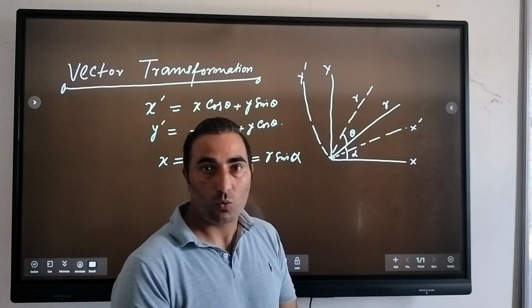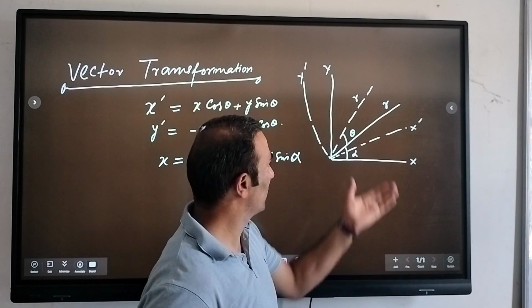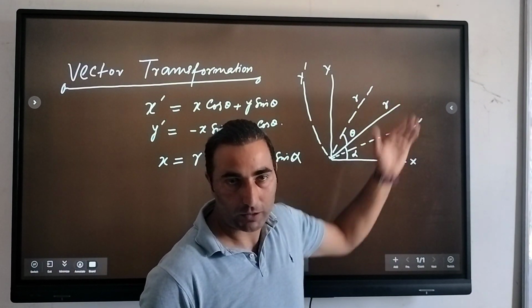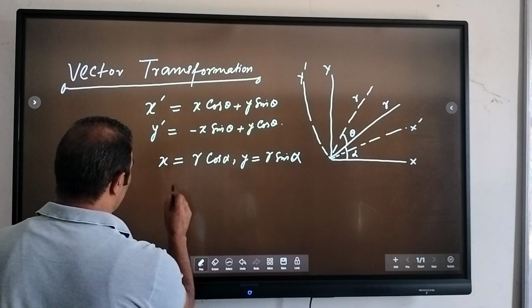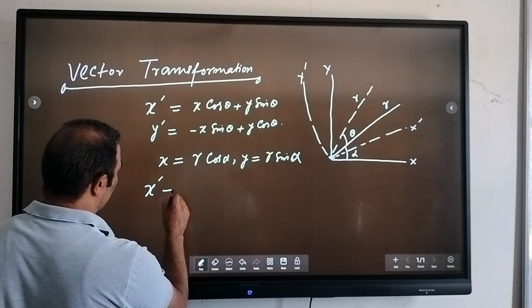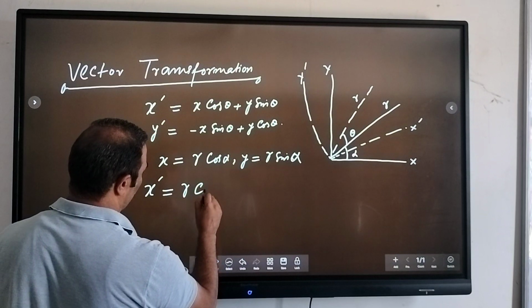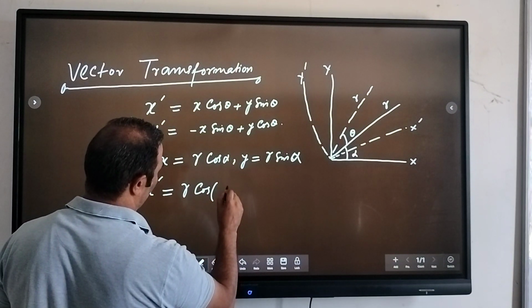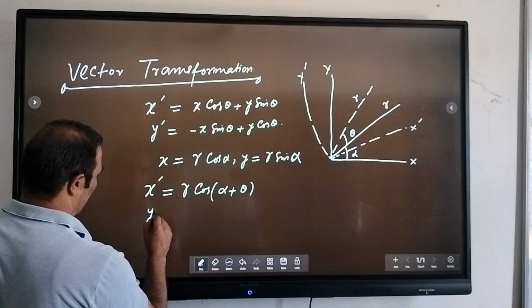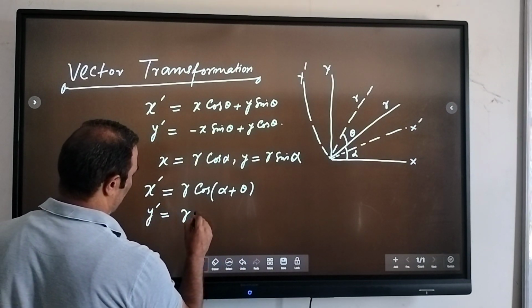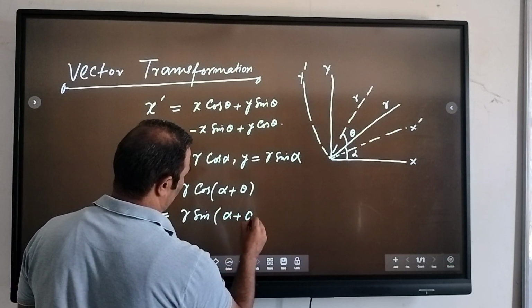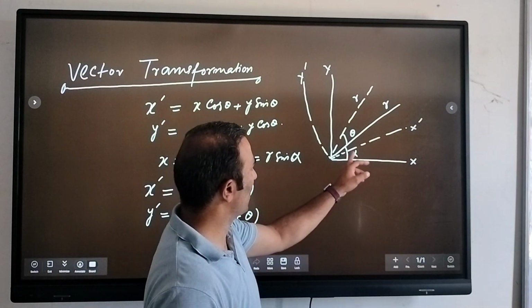Now, because I'm moving this vector r from the xy plane to the x prime y prime plane, our x prime will be equal to r cos of alpha plus theta.